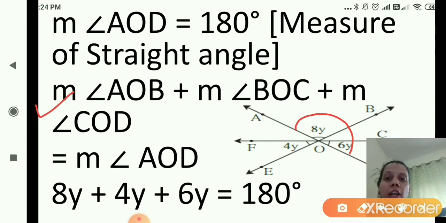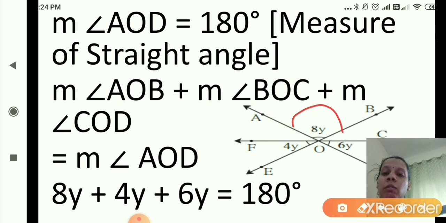Now we will put in the values, as you can see here. What is the measure of angle AOB? It is given in the question, that is 8y, so we will write down 8y. What is the measure of angle BOC? It is not given in the question, but in the beginning we wrote that EOF is equal to BOC, because they are vertically opposite angles.